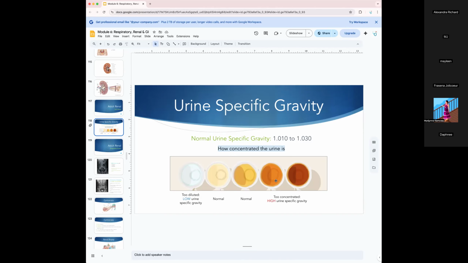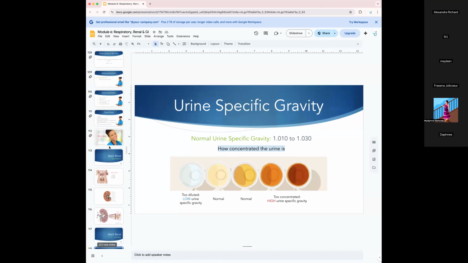So what do you need to know? Urine specific gravity is how concentrated the urine is. The normal level is 1010 to 1030, and the lighter and more diluted, the lower the urine specific gravity. The more concentrated, the higher the urine specific gravity.